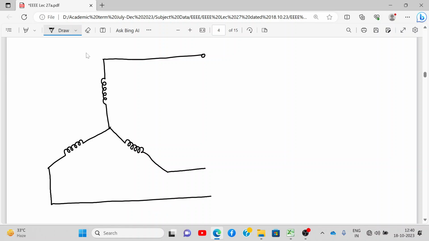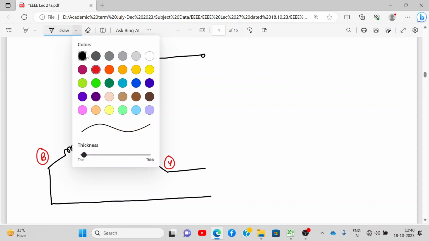Okay, so this is my R, B, and Y. What is this point? Neutral. Now, how will I connect a star connected load?